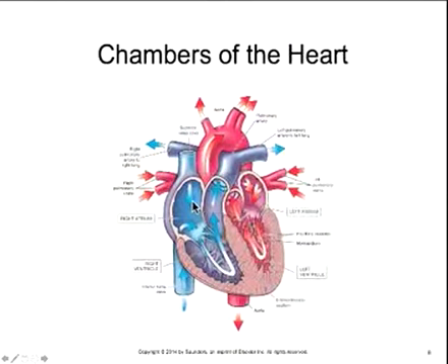So it's always squeezed together on the top and then squeezed together on the bottom. And after each squeeze, the chambers will go back to relaxing. So it's squeeze, relax up here, then squeeze, relax down here, and then repeat over and over and over again.